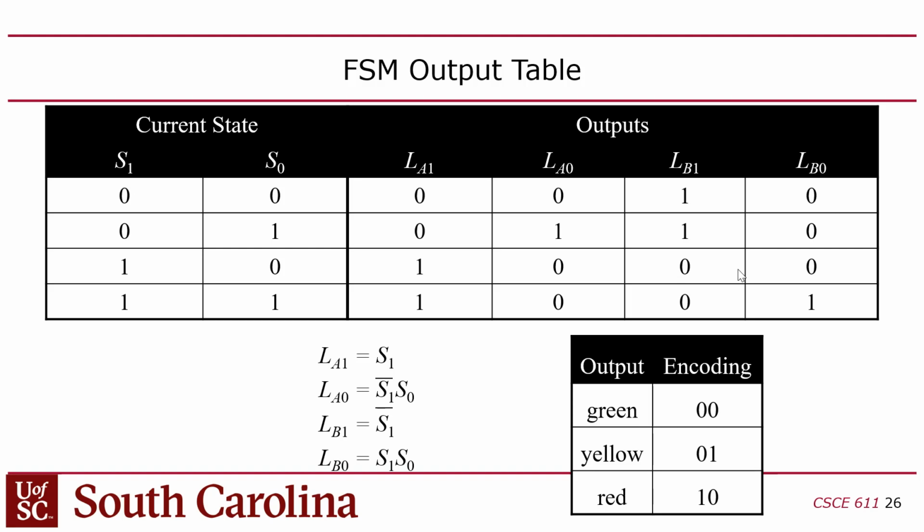That's called a Mealy machine if you do it that way. If you do it this way, where the outputs are only a function of the state, it's called a Moore machine, right? In a Moore machine like this, the outputs are synchronous. The outputs only update when you change states, whereas in a Mealy machine, the outputs could change within a state if you also manipulate the inputs inside of a state, right? Okay.